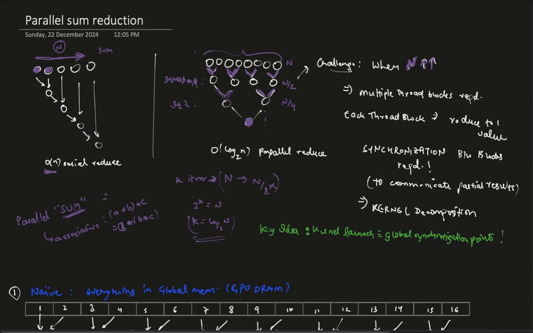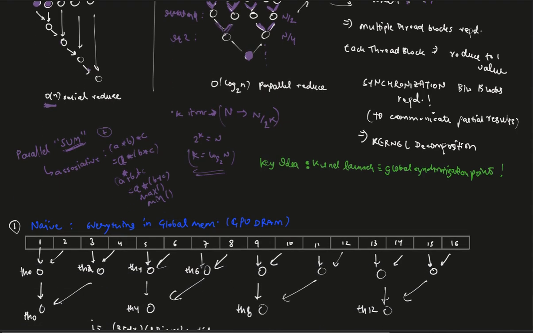So addition is such an operation where a plus b plus c is equal to a plus b plus c. Similarly, multiplication is one. Max is one such operation, and min is such an operation. So for all of these operations, the same technique that we'll be discussing today applies.